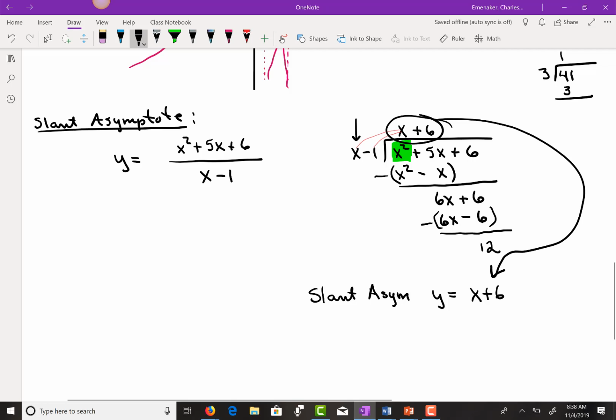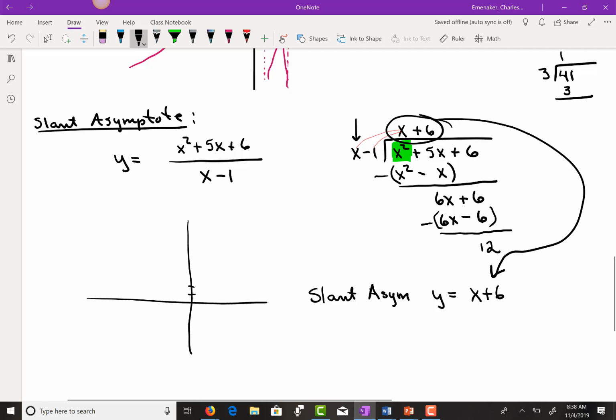And because we only do this when the degree of the numerator is 1 bigger than the degree of the denominator, our quotient, the thing that we have left, is always going to be x plus or minus something. It's always going to be linear, always. Always. And to get then the slant asymptote, you just graph whatever that is.